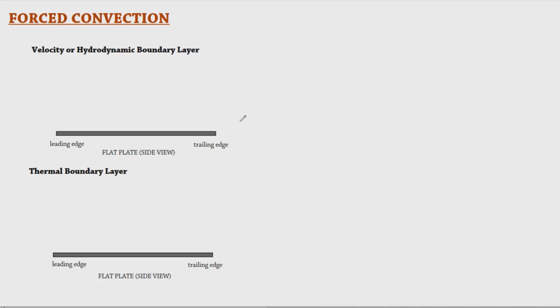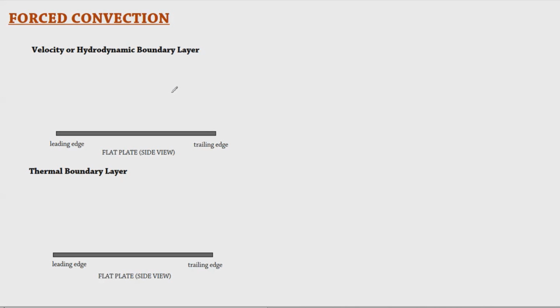In cases like an airplane, the leading edge would be those that are exposed mainly to the air, and the trailing edge would be those that you can see by the window. Basically, when we talk about the velocity or hydrodynamic boundary layer, we're referring to the fluid that goes past this plate.